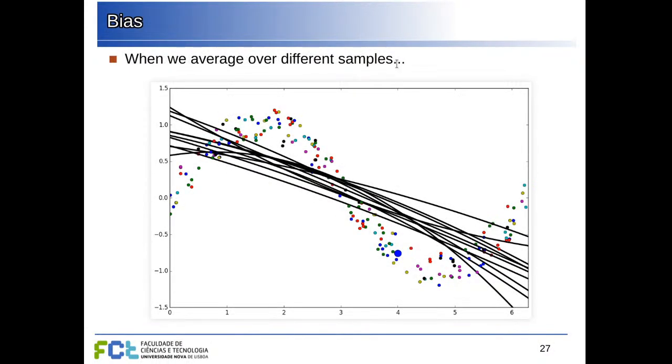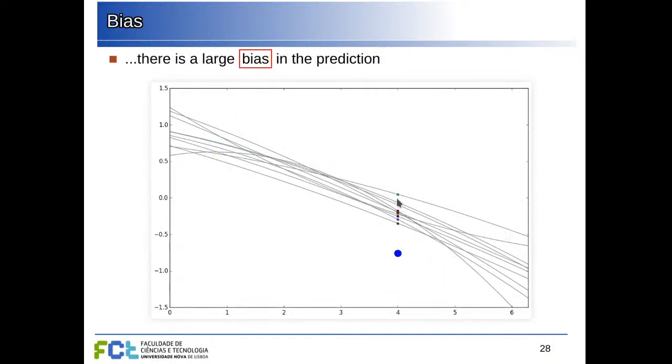If we train our model over different samples of this kind of data, so let's suppose that each time we sample from the universe of data points, we get something like this, and we have here in different colors different samples, different data sets, then our model will try to fit this data but never quite manage it, and we can see that we have an average of our predictions that is overestimating the actual value that it should have here. So this is the bias. It's the average difference, or the difference between the average of our predictions and what the value should be.